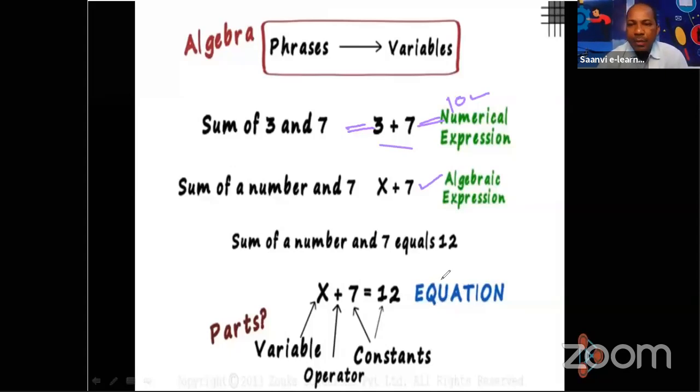Did you understand? If an algebraic expression contains the equal symbol, it is called an equation. See here, there is no equal symbol, so we call this an algebraic expression. But here the equal symbol is there, so it is called an equation, right? So this is the equation.